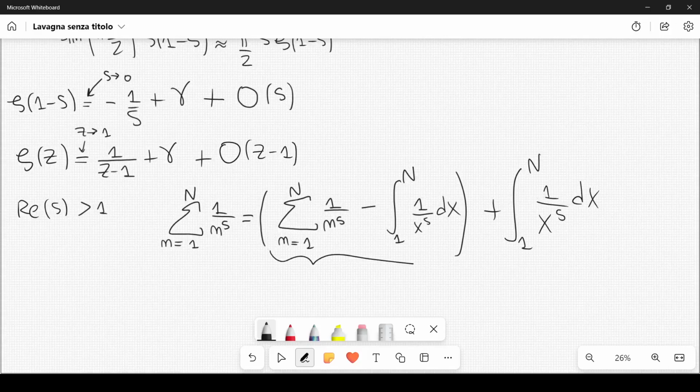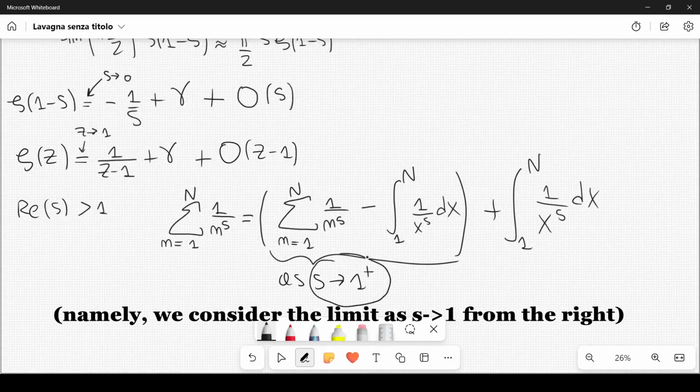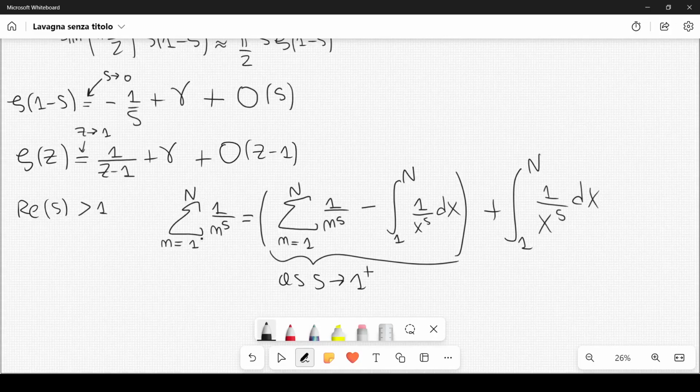Now, as s goes to 1 plus, remember that here we should consider 1 plus because this definition for the Riemann zeta function is correct if we assume that the real part of s is greater than 1. So we can take some kind of limit as s goes to 1 plus, and of course we also have to assume that N goes to infinity, as I said.